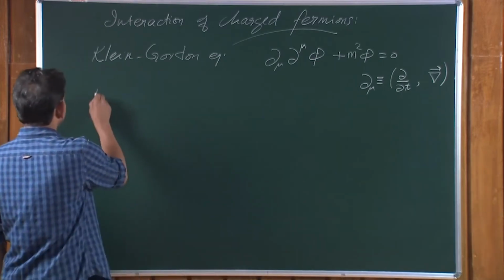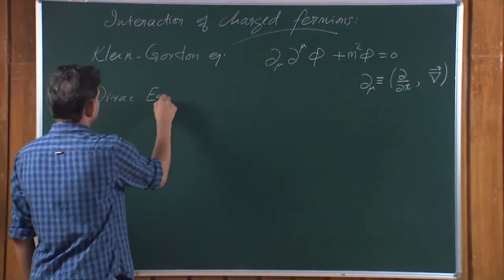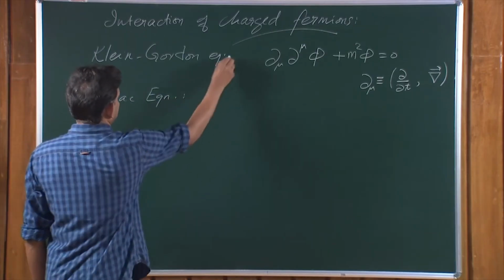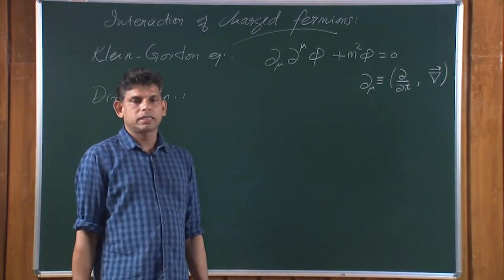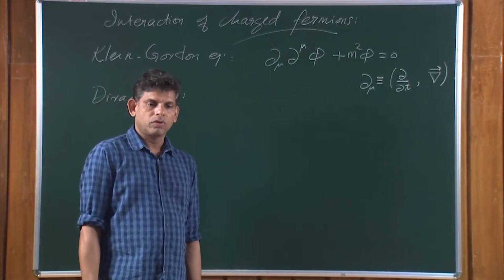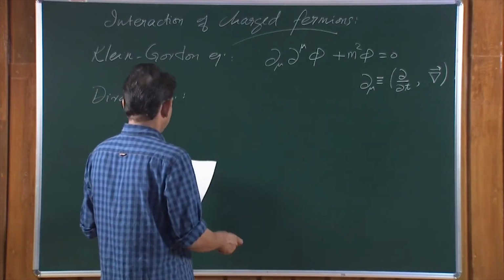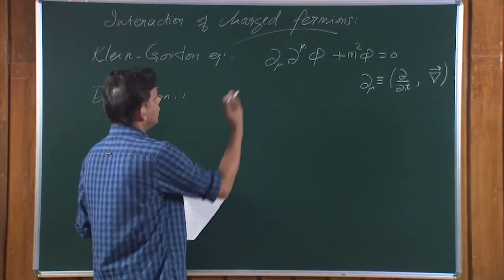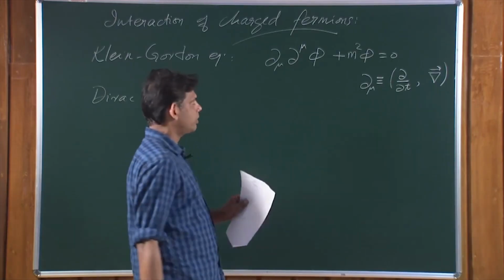Now, the Dirac equation is again a relativistic description of elementary particles. This free particle, the one that we have written down, phi, is also considered as a free particle.